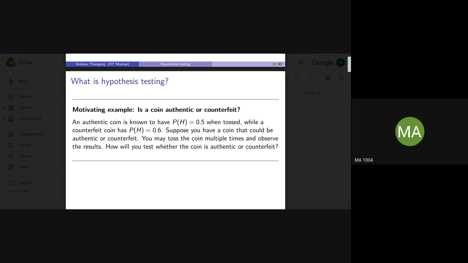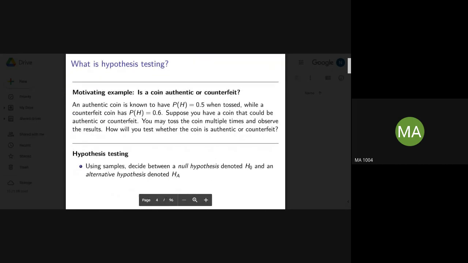So basically, probability of head not equal to 0.5. So you can toss your coin many times, get the results, and on the basis of that check whether the coin is authentic or counterfeit.